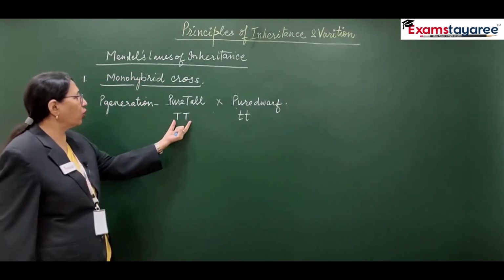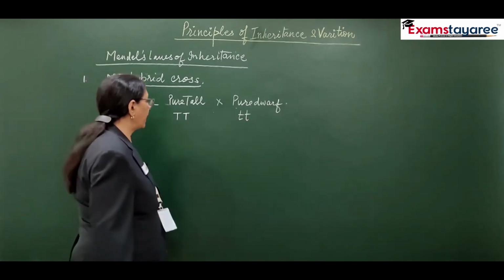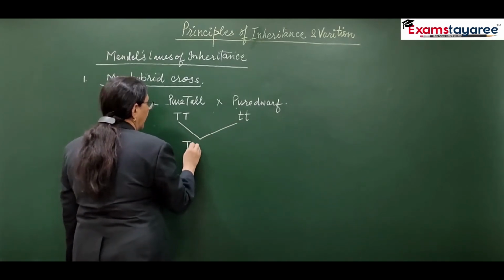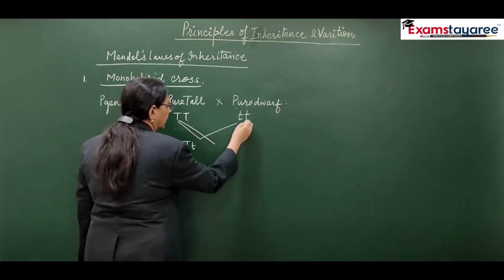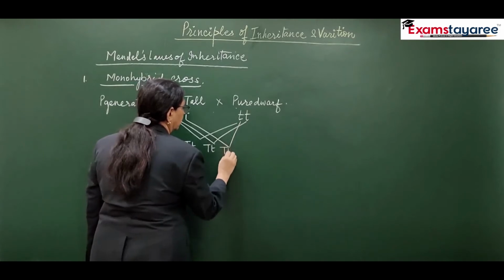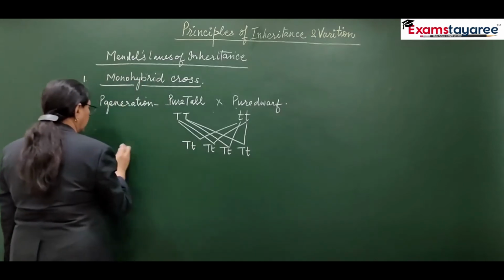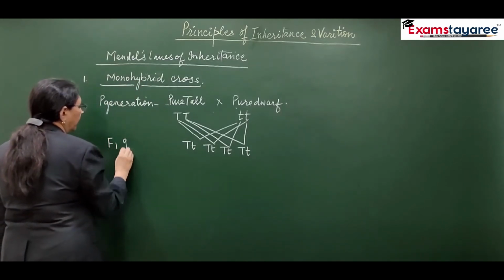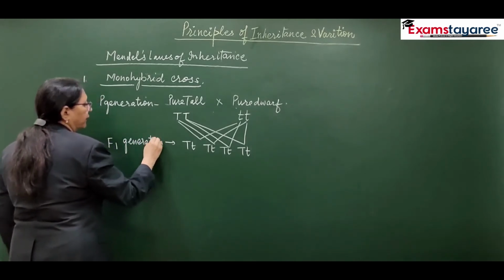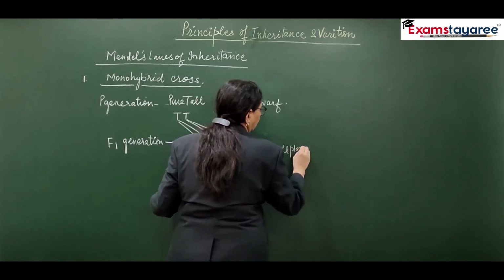So, he took pure talls on which both the alleles were of tallness and a dwarf plant and crossed them and got his result. This he called first filial or F1 generation. So, in F1 generation he got all plants tall.